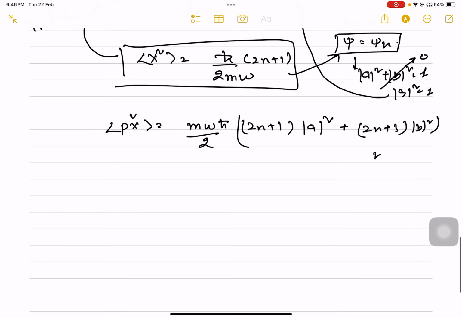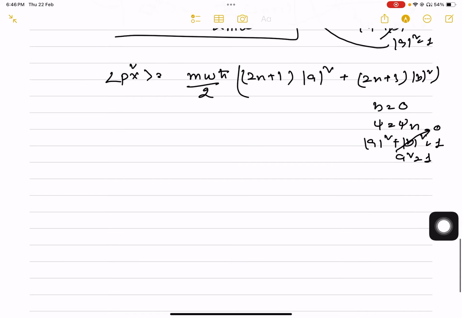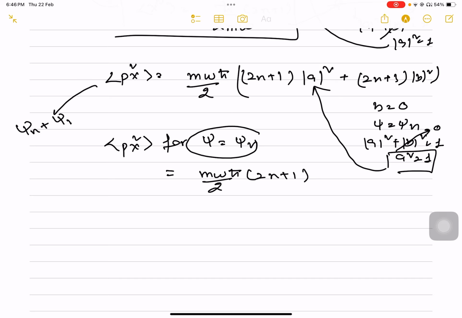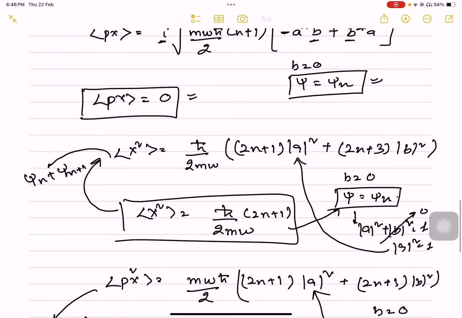Again, b equals 0, psi equals psi n, a square plus b square equals 1, so a square equals 1. Put a square equals 1 here, then px square for psi equals psi n would be equal to m omega h cut by 2 times 2n plus 1. This is for psi n, and the other is for the combination of psi n and psi n plus 1. These are the conditions you have to remember.